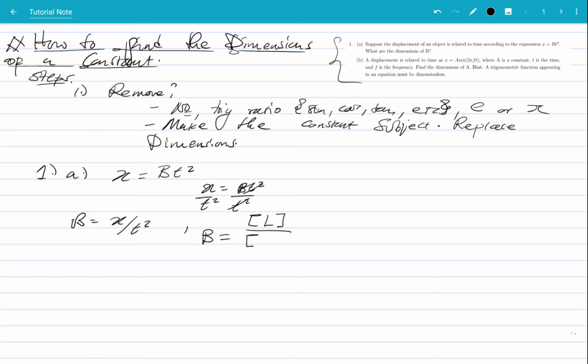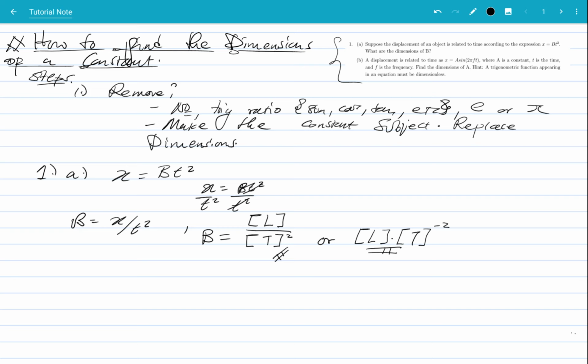The dimensions for time is a capital T, and this is t squared, so we put a squared to it. And these are the dimensions. Other people would prefer to write this as L dot T to the minus 2. This is one and the same.